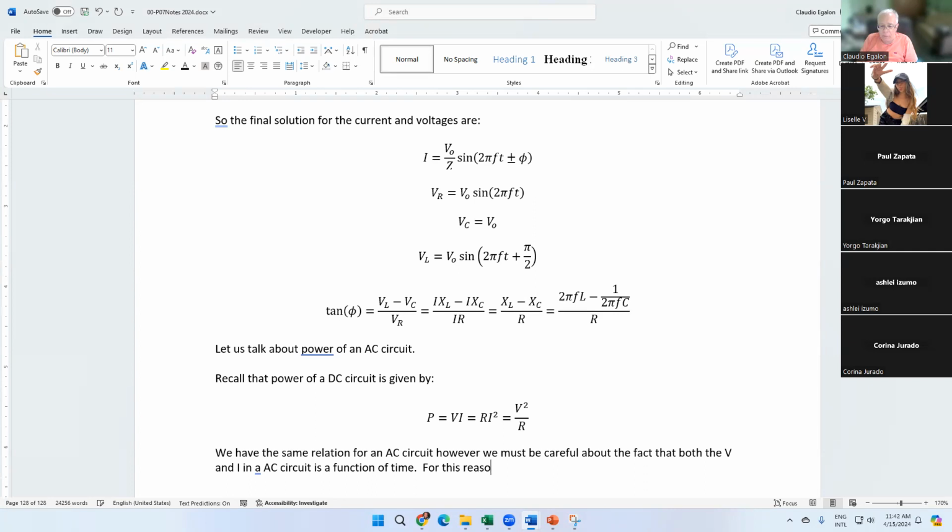For this reason, we use an average value for these quantities, okay?